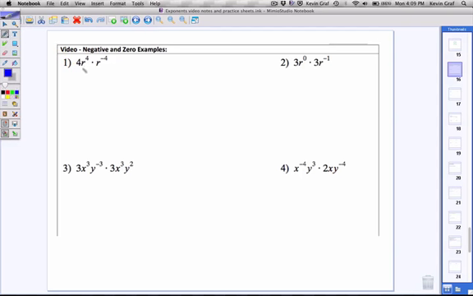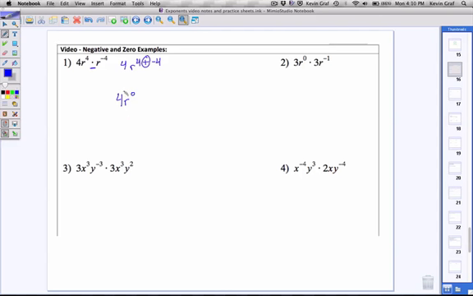In this one we've got 4r to the fourth times r to the negative fourth. This is a multiplication problem, so I'm going to use the multiplication rule, which says that you add the exponents. That would be 4r to the 4 plus negative 4, which gives me 4r to the 0, and anything to the 0 is just 1.